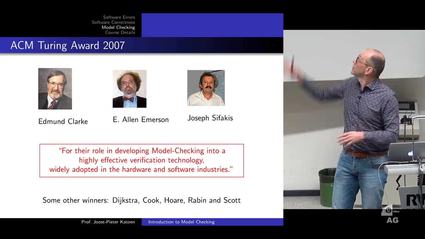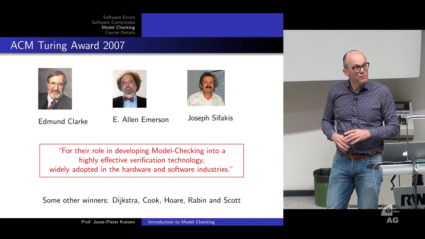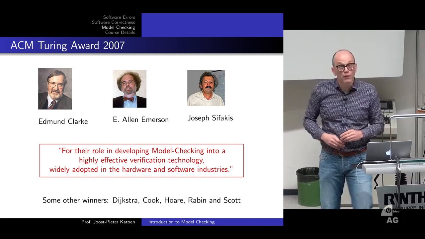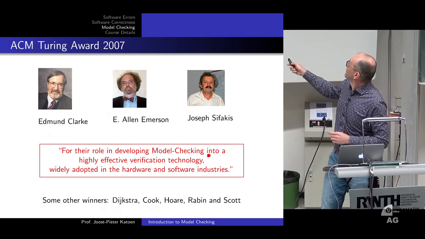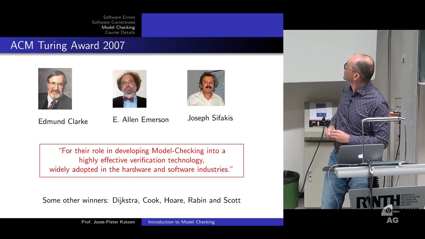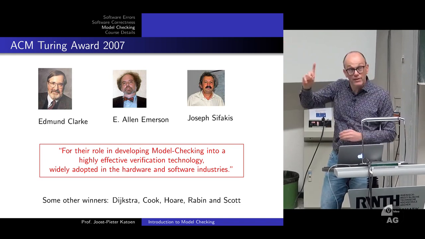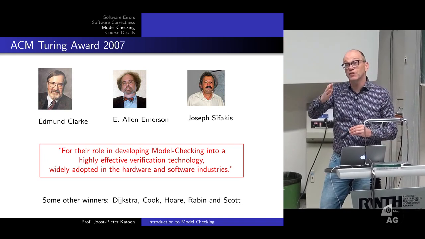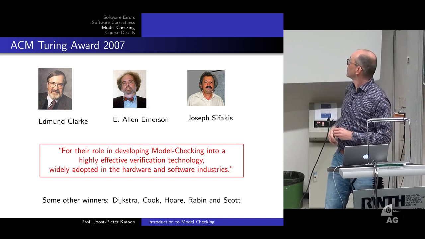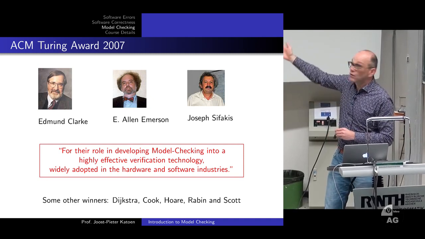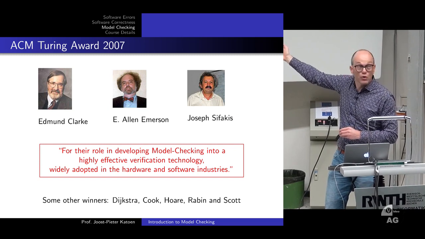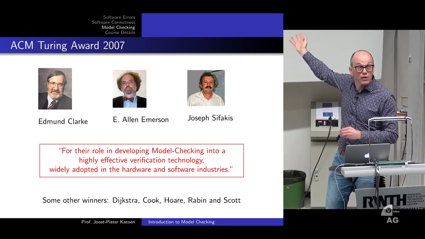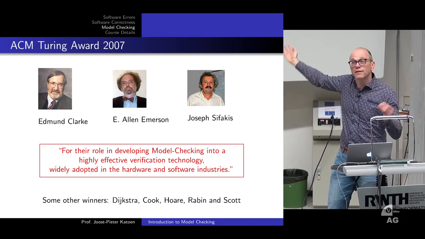Maybe that's the reason why he's not mentioned here. But those three people got the Turing Award in 2007, for their role in developing model checking into a highly effective verification technique widely adopted now in hardware and software. So you see the change from 1998, hardware, 10 years later also software. Other winners of the Turing Award, I guess you know them all: Edsger Dijkstra, Stephen Cook, Tony Hoare, Dana Scott, non-deterministic automata, etc.